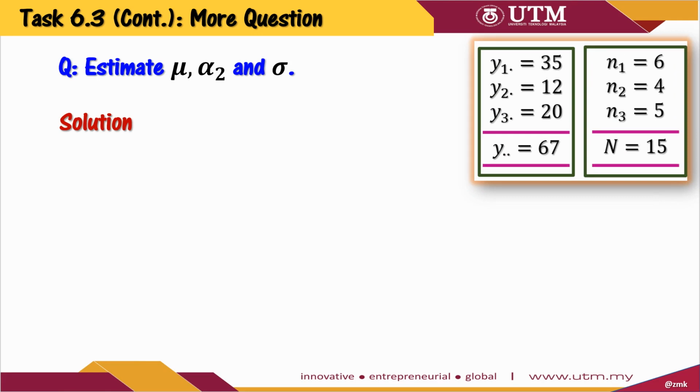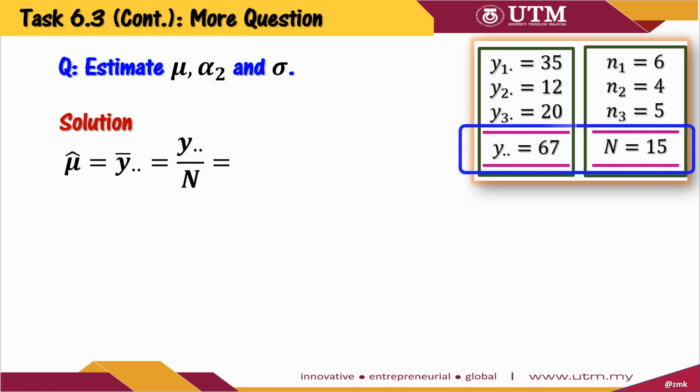The first estimate is the estimate of the grand mean denoted by mu hat or mu cap, given by the sample grand mean obtained by dividing the grand total y double dot by the total sample size capital N. From the sample information, the grand total y double dot is given by 67, whereas the total sample size capital N is 15.